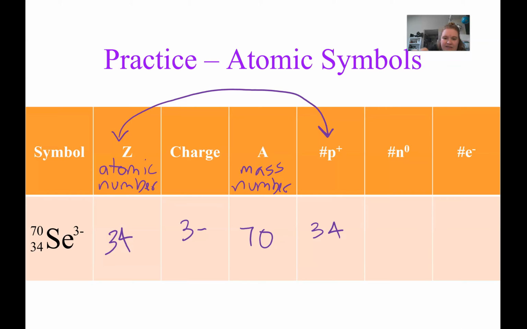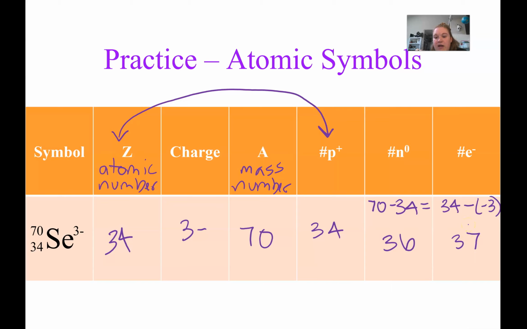We know that the mass number is the protons and the neutrons together. So if I just do 70 minus 34, then I will get to the number of neutrons of 36. And I know that my charge is a -3 and my protons are 34. So if I take my protons and subtract that charge, then I will get 37.